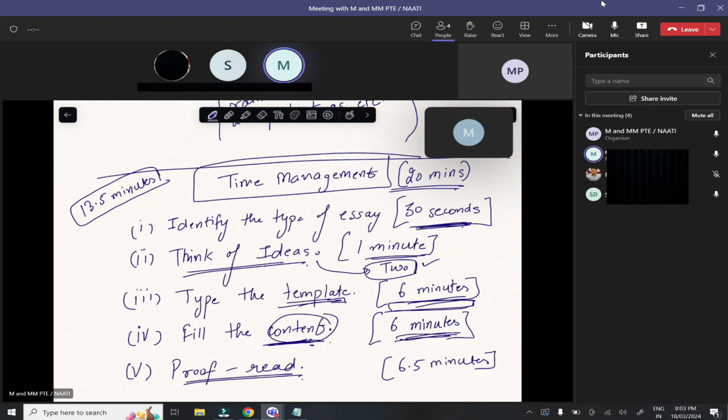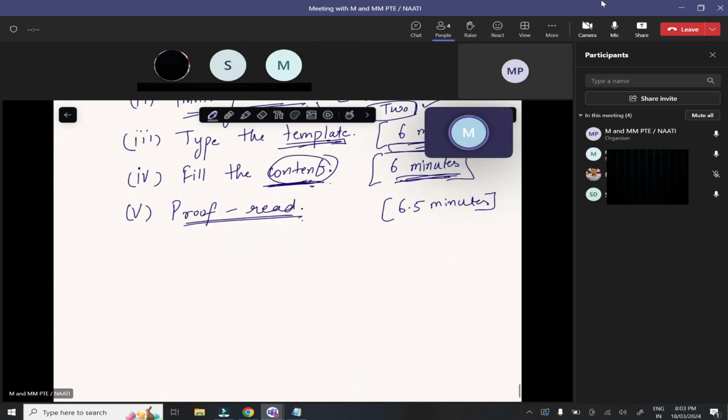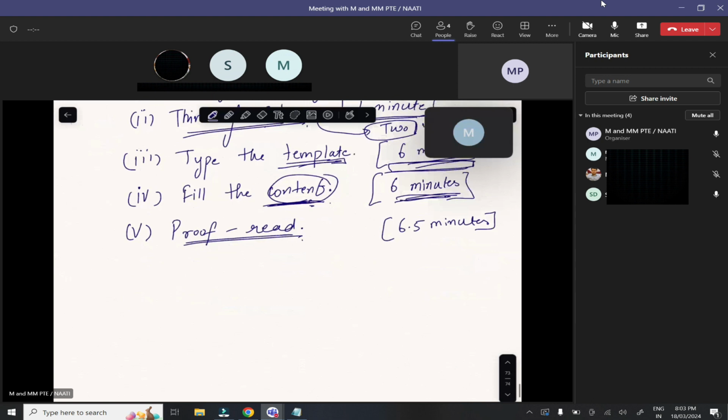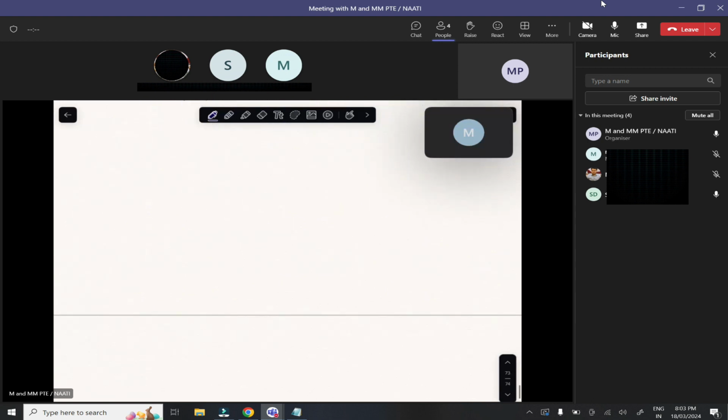Perfect. Okay, now let's talk about how we are going to get this into practice and get this into the template itself. If you want to bring up the template link that I have shared, just open it up on a phone, laptop, wherever you want. And let's now put all this theory into a bit more understanding.